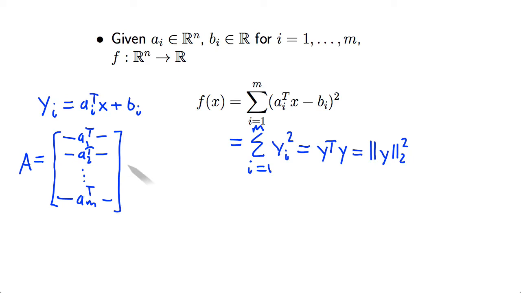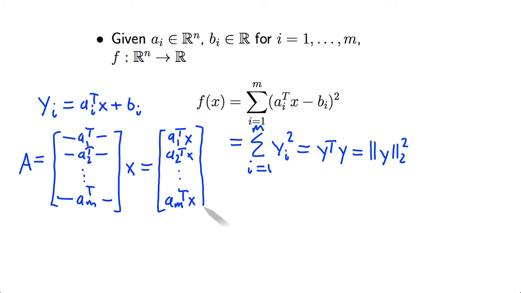Then if we multiply this by x, that would give us the first portion of this vector, right? Because this would give us another vector where the first element was a_1 transpose x, the next was a_2 transpose x, all the way down to a_m transpose x. And so that would be the first bit here.